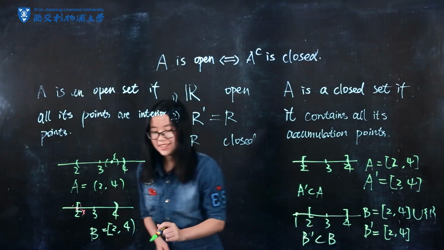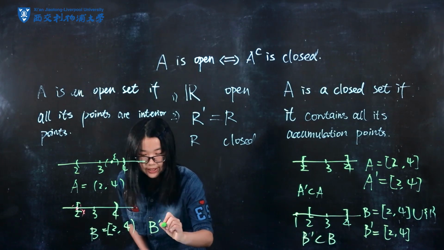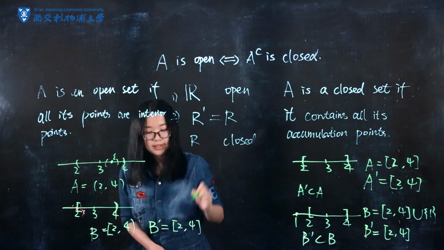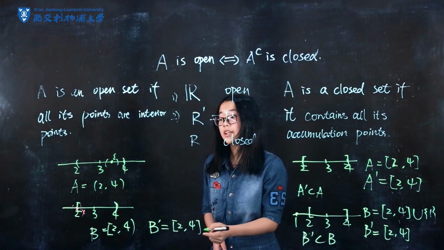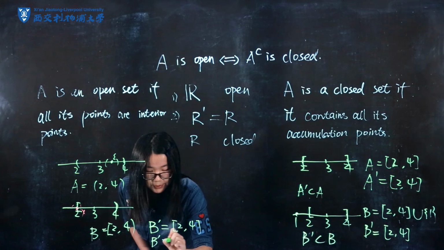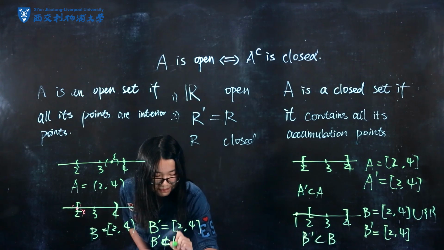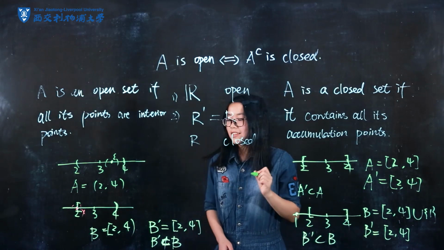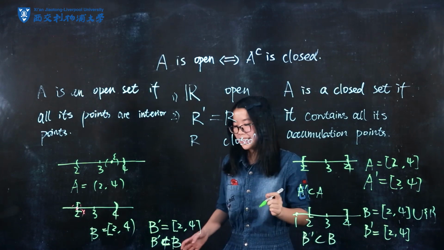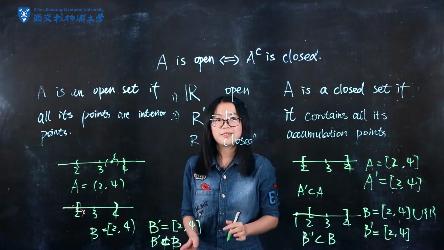Well, it's not, because the set of accumulation points of B is 2 to 4, and 2 and 4 are both contained in the set of accumulation points of B. So you can see B prime is not contained in B, so B is not closed either. So we prove that a set can be neither open nor closed.